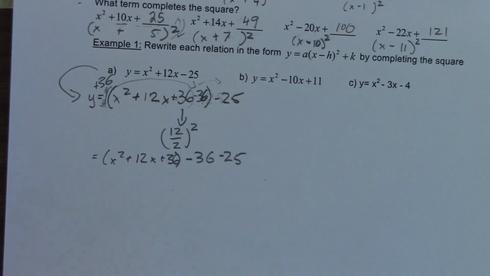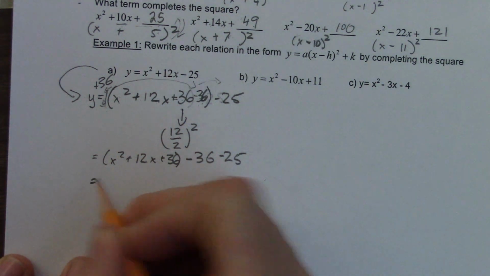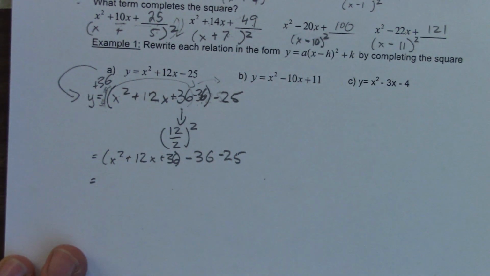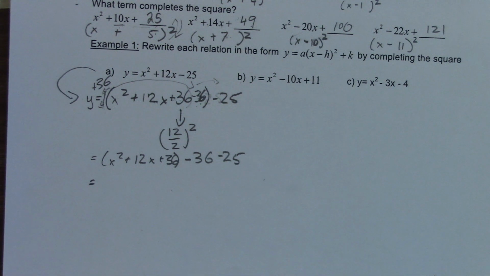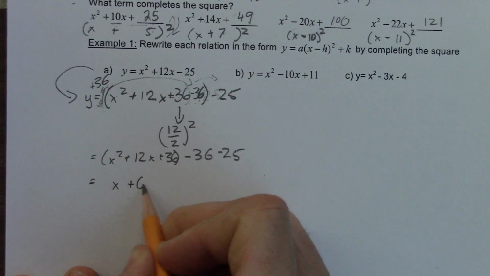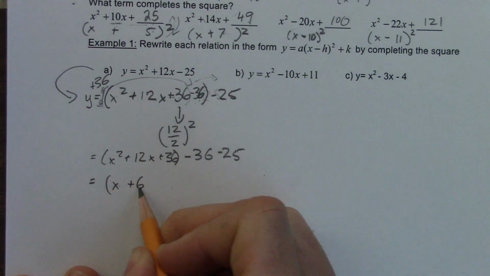Okay. Now there are 2 things I can do to finish this off. I'm going to convert this into my bracket term squared, because it's a perfect square. How do I know it's a perfect square? Because we made it a perfect square on purpose. We chose this number, 36, so I know it's going to be the square root of this, squared.